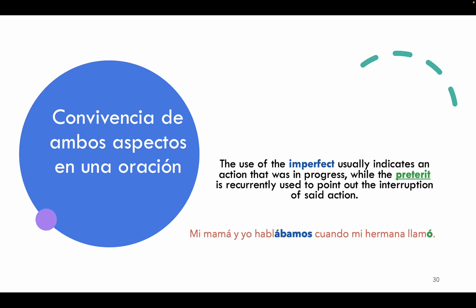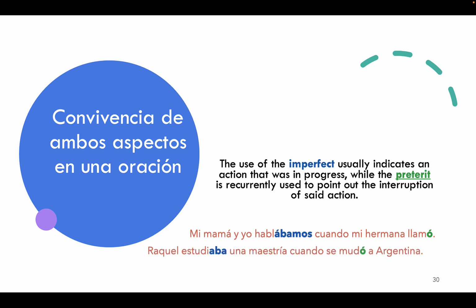That is my mom and I talking. And then here we can see the interruption of said event by my sister calling. That is, we were talking till the point that she called.